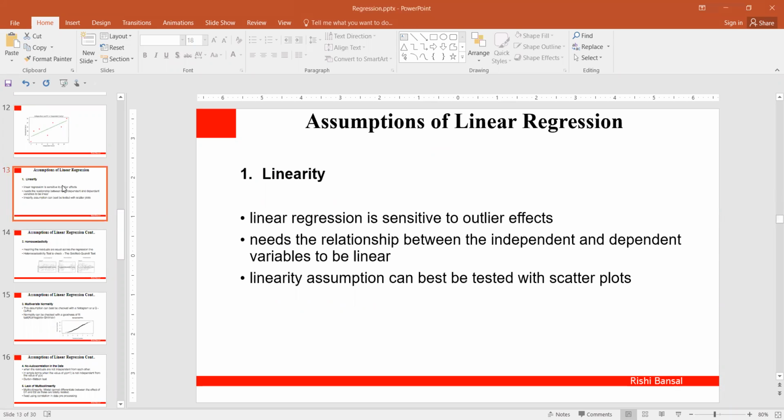Now, we just saw linear regression, simple linear regression. So first we'll see how to code it.